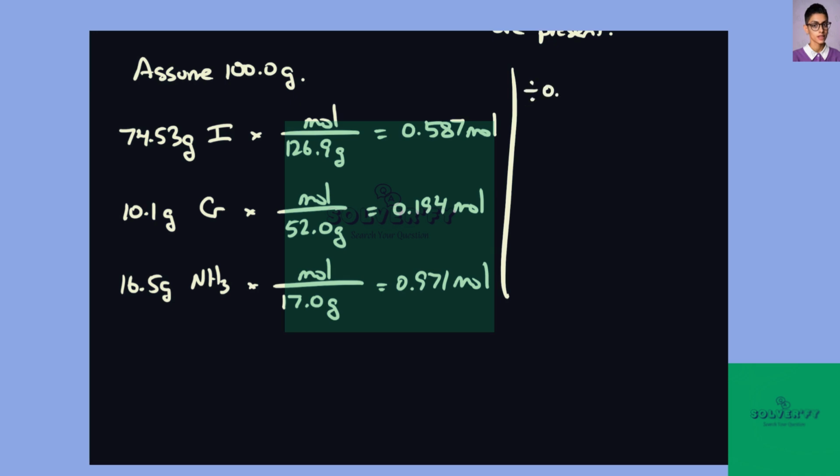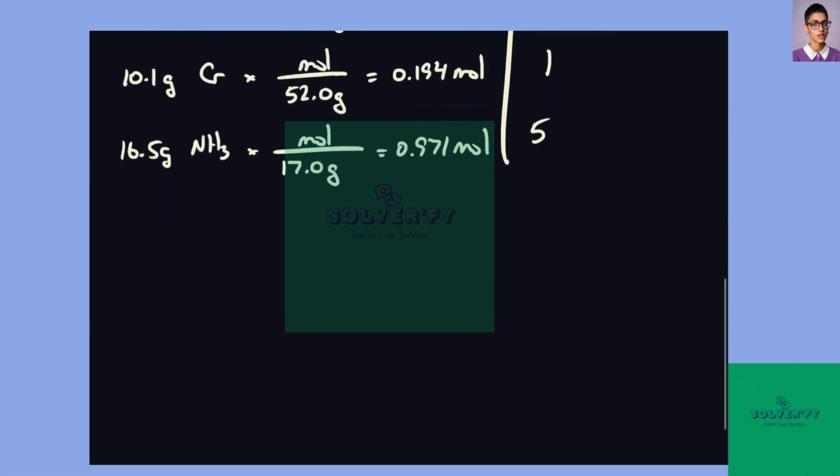Divide by the least. So we're going to divide by 0.194. That gives me 1, and then 3, and this will work out to 5.